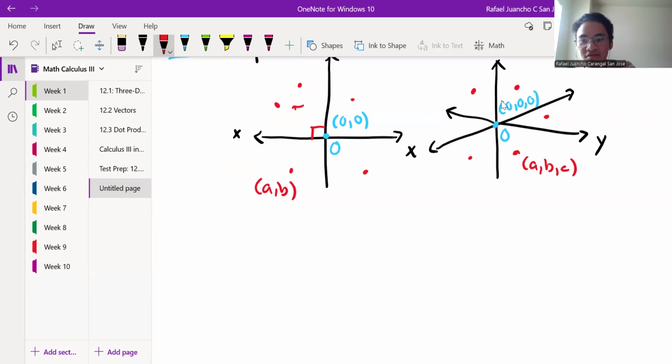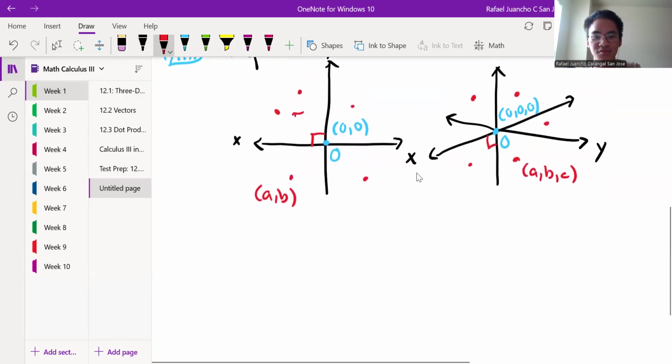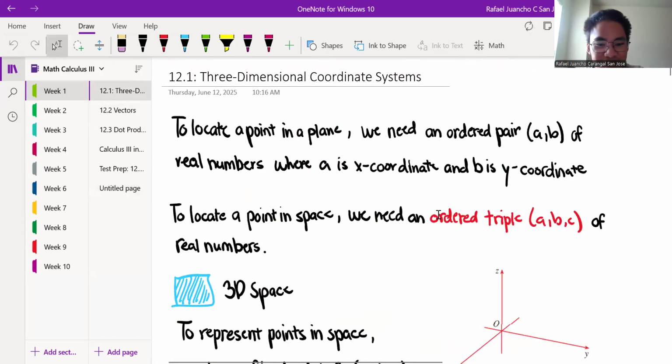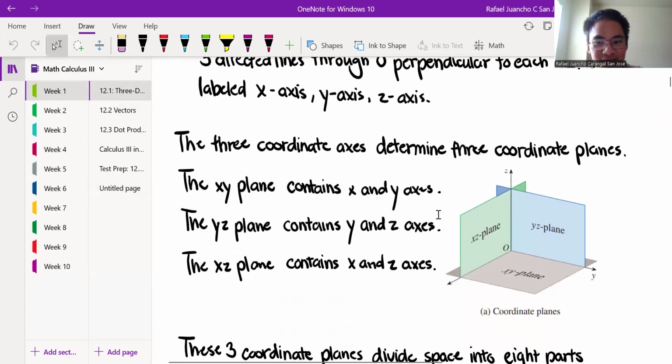So same idea here, 90 degrees here, 90 degrees here, even at the bottom, right? So it's all 90 degrees. So that's what it means to be perpendicular. We're just describing what this 3D space is.